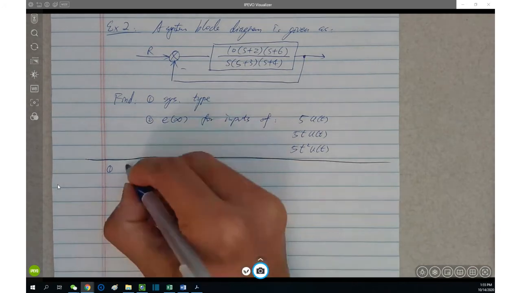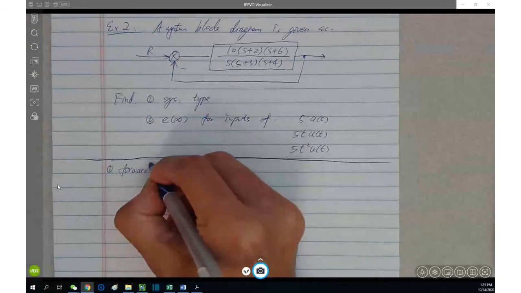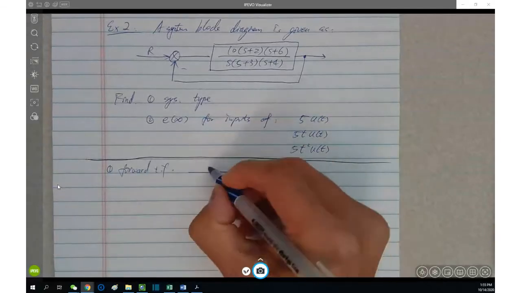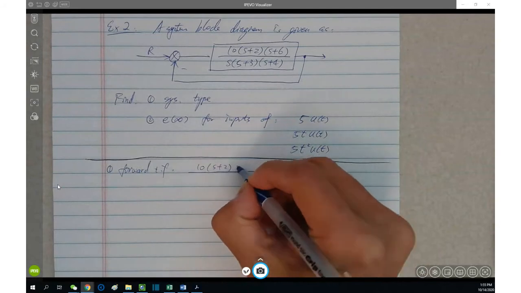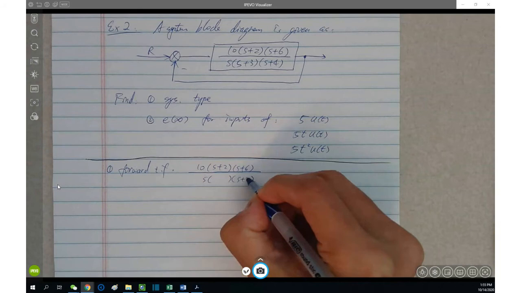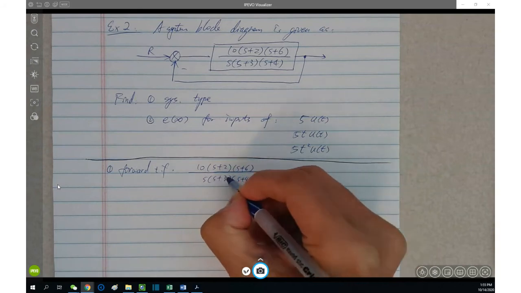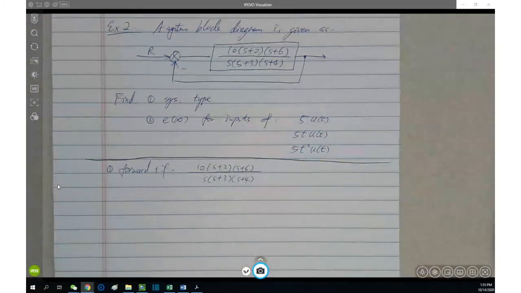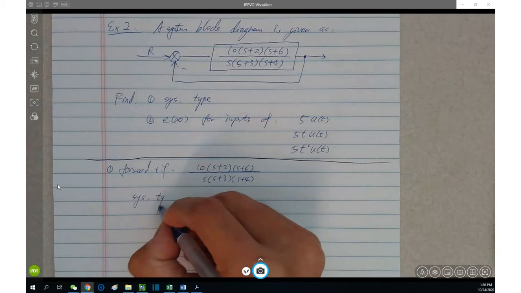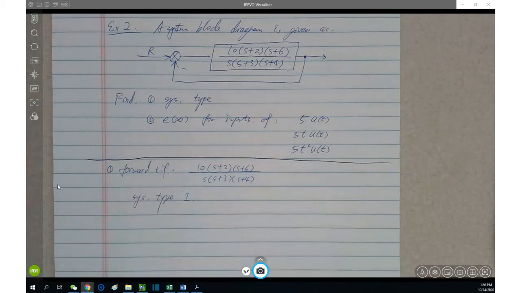The forward transfer function in this particular example is just this one. Therefore, the system type is 1, since the order of s in the denominator is 1.